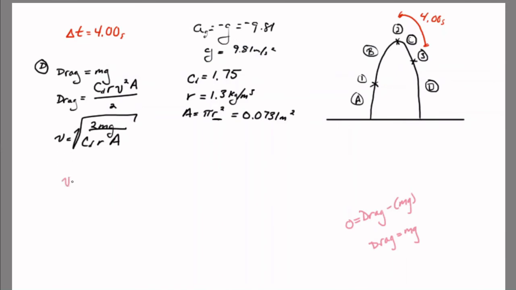We're trying to find a vector value, velocity, but we're taking the square root. So that means it's going to be plus or minus that value. And so we have to take into consideration when we know that this parachute is slowing our descent. And so we know we're going in this downward direction. And so we're going to choose that velocity to be a negative velocity. All right, so we kind of have to rely on our story here to figure that out.